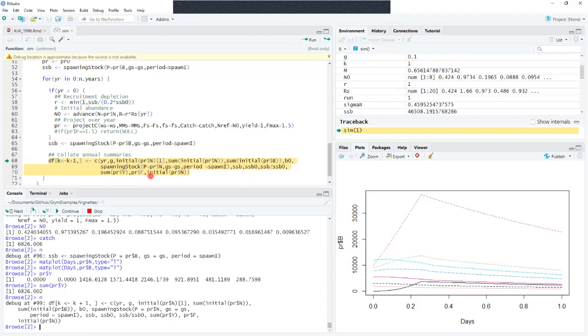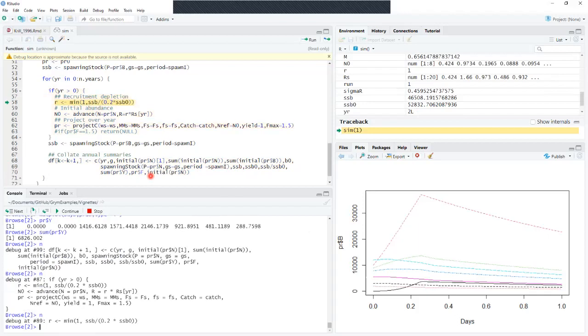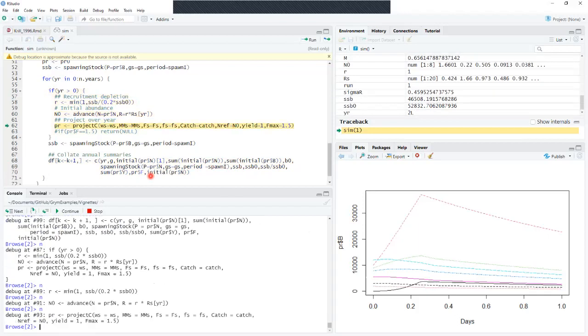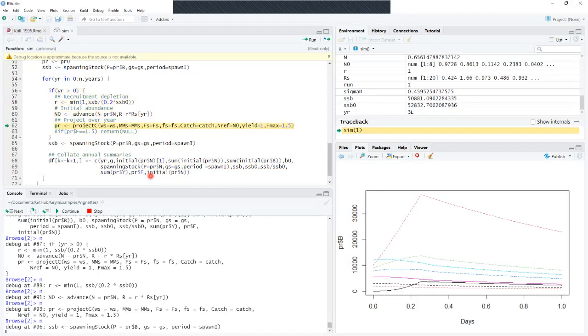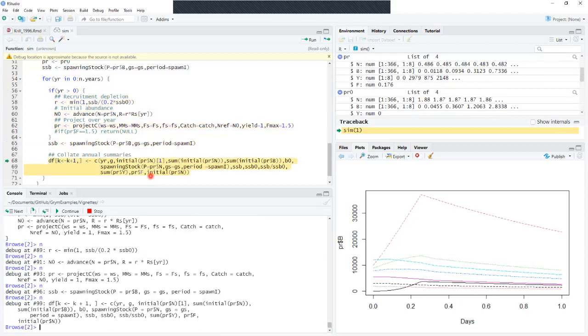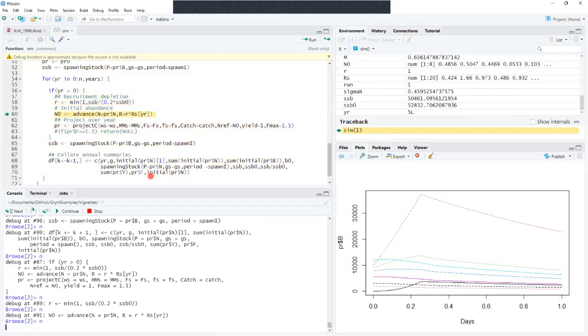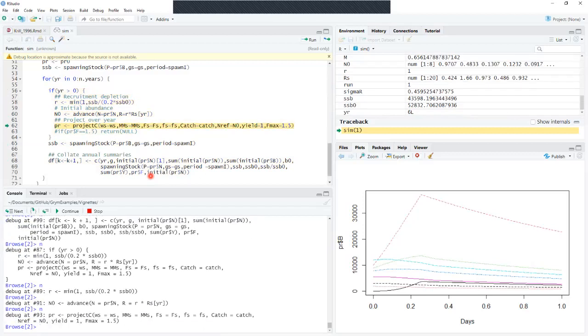So what happens next? Essentially, we just do the whole process again. We do this for, I think in this case, 20 odd years. We're just projecting forward, advancing up the age classes, and projecting again.